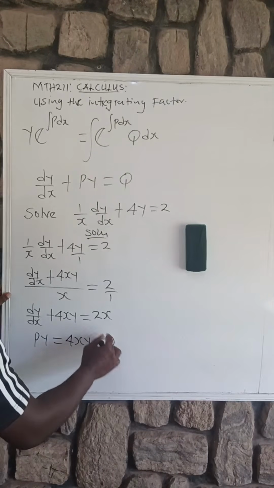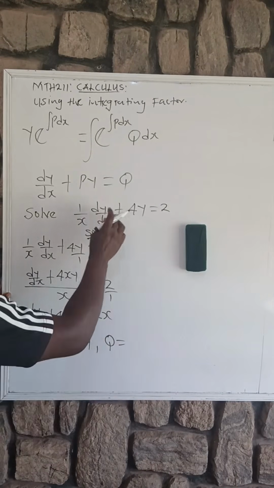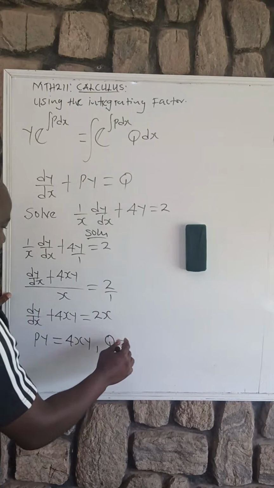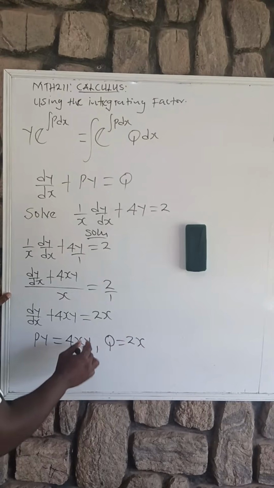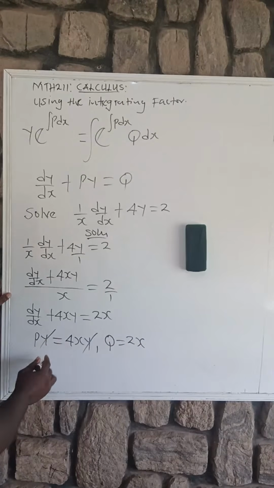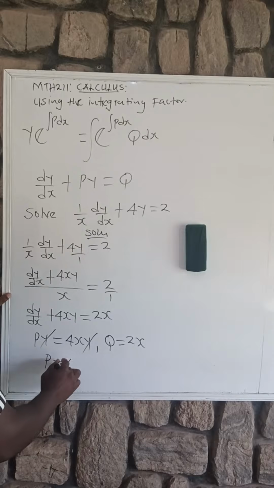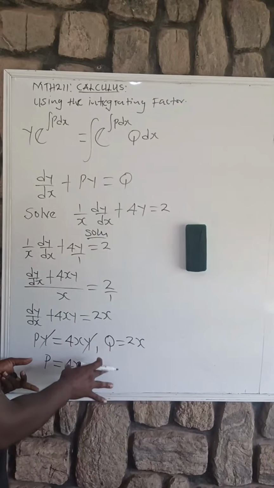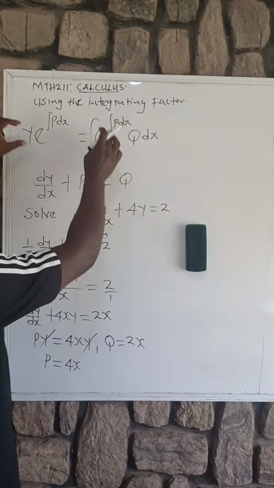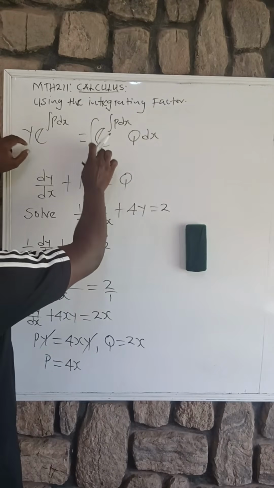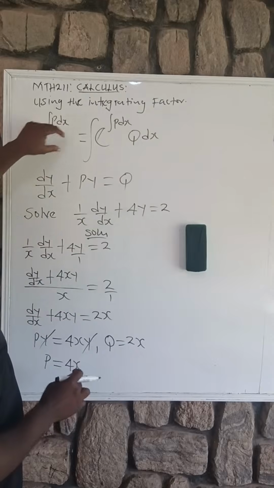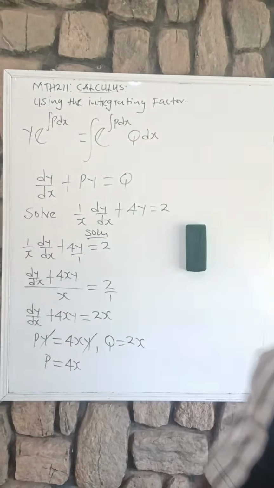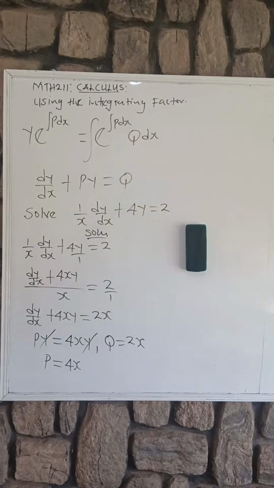Then our Q is equal to 2x, right? So our P will now be 4x and Q is 2x. What we are going to do is substitute this into this integrating factor formula. Do you agree with me? Any question, please ask.